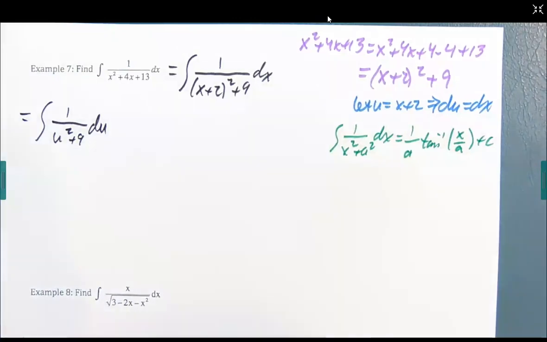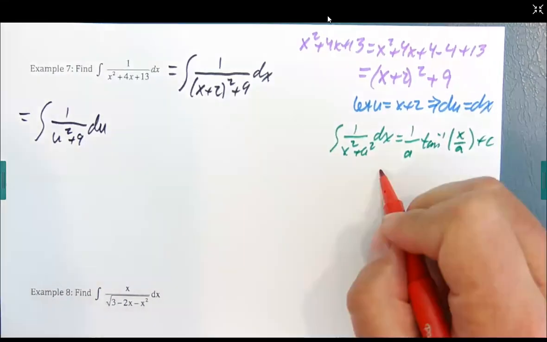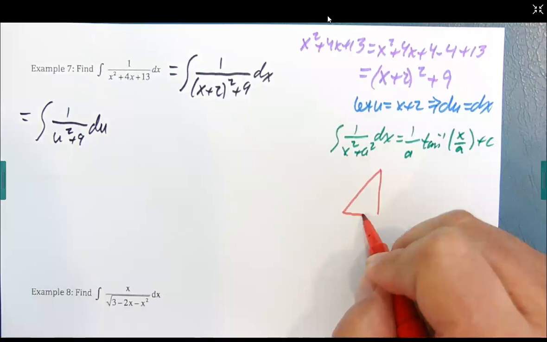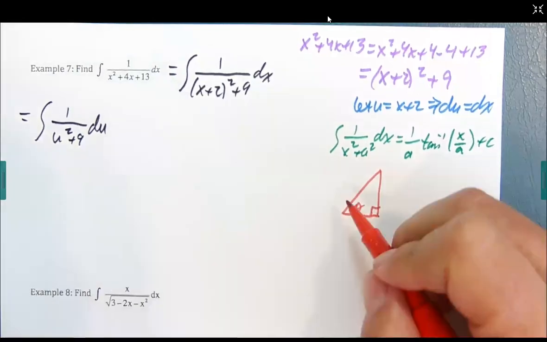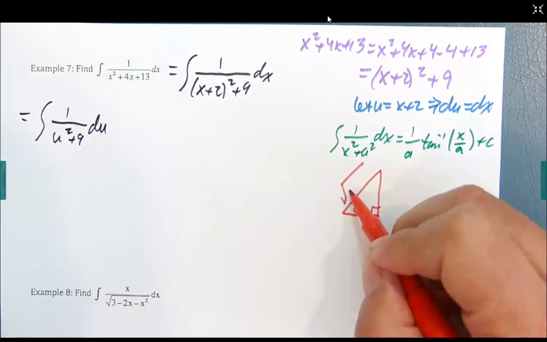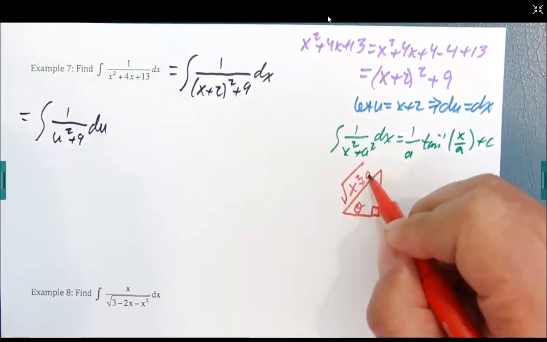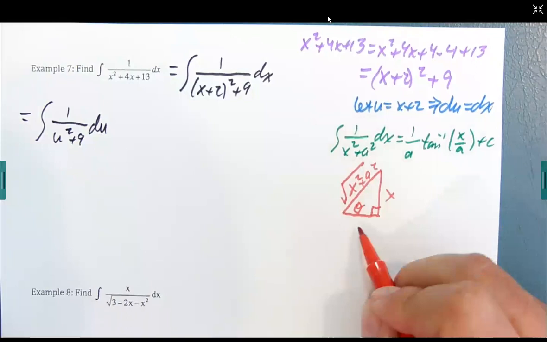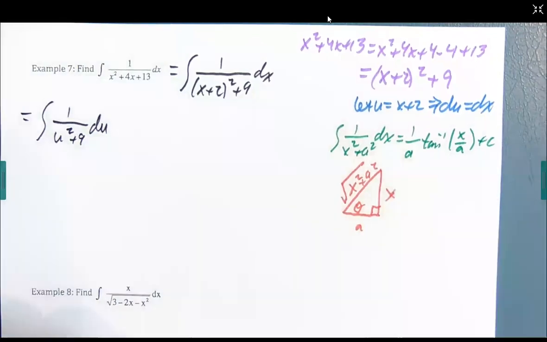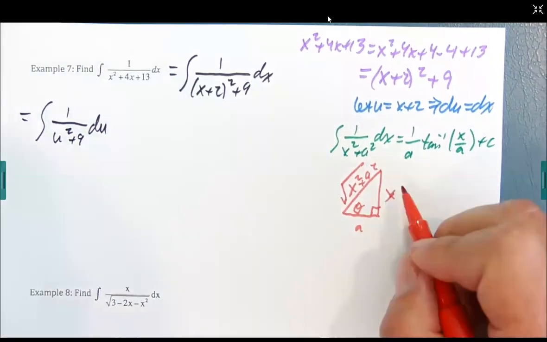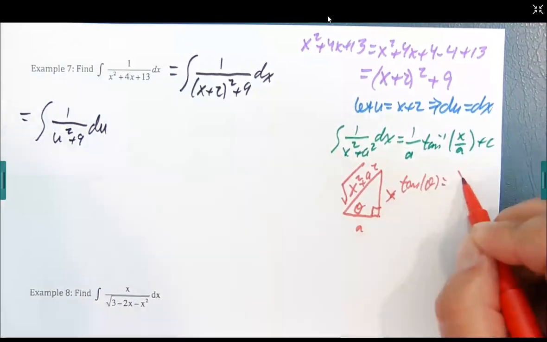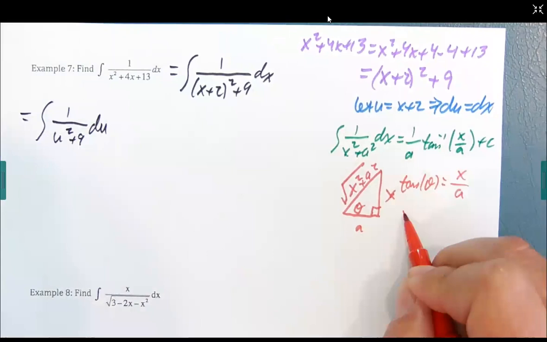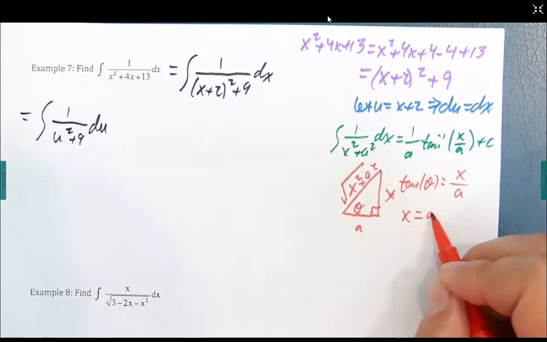So red is the only color I have left. I'm going to set up a triangle. And we can see that the tangent of theta is x over a, or that x equals a tangent theta.